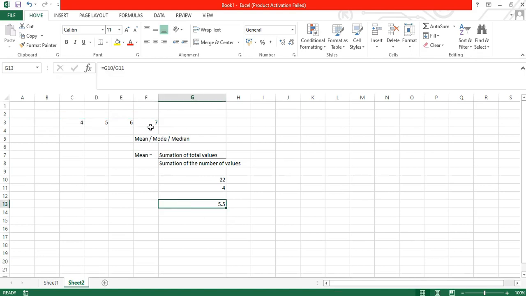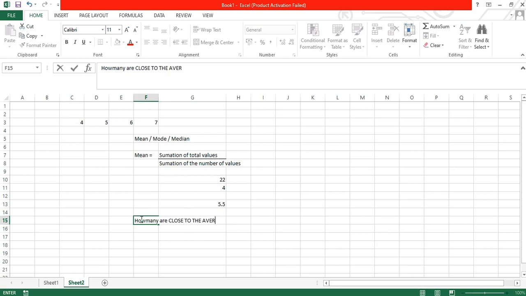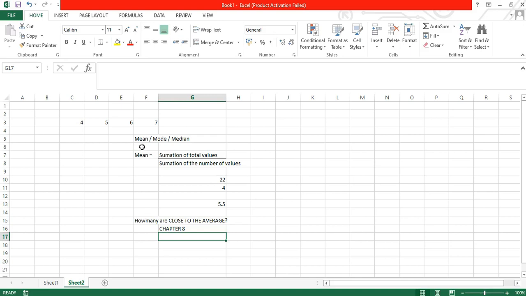But I want to identify how many are close to this average. That is where Chapter 8 answers. Chapter 8 looks at how to show the values close to the average by several methods.